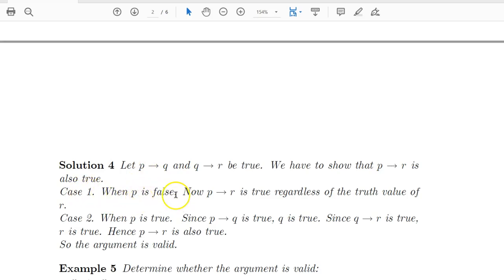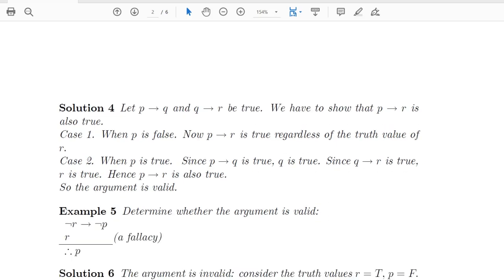In case 1, P is false. Because P is false, the conclusion if P then R is true regardless of the truth value of R. This is from the definition of conditional proposition. In case 2, P is true.